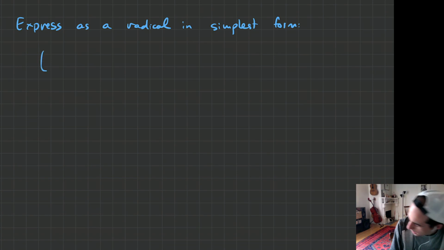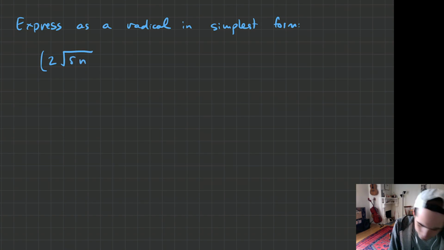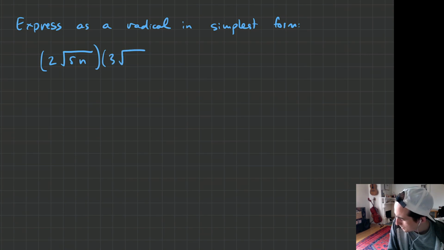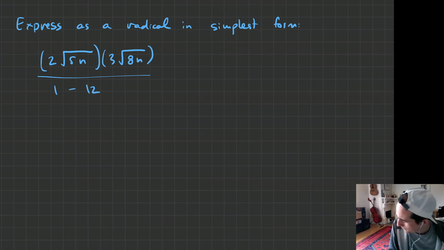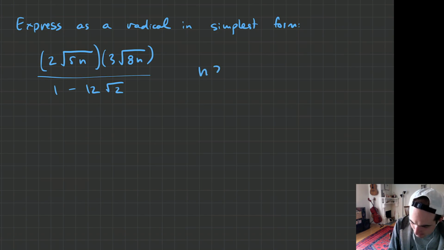It is 2 times the square root of 5n times 3 times the square root of 8n, close brackets, and the denominator is 1 minus 12 root 2, and here n is greater than or equal to 0. So that just tells you that we're not going to be taking any square roots of negatives. So that's it.